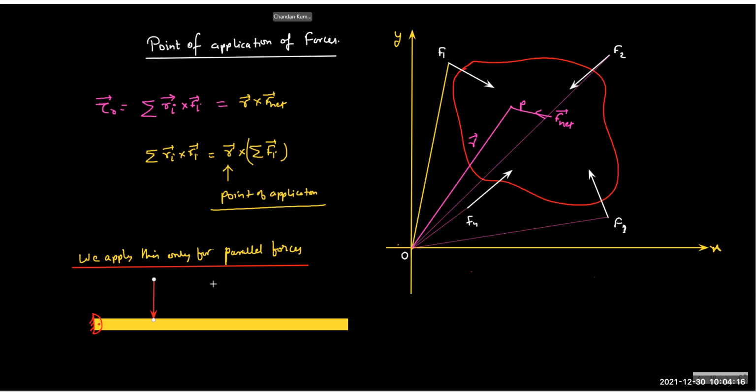One here, another here, maybe one here. This is F1, this is F2, this is F3. And the gap, let's make it like this. One gap.